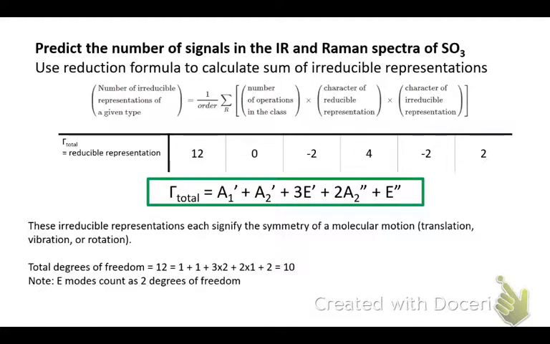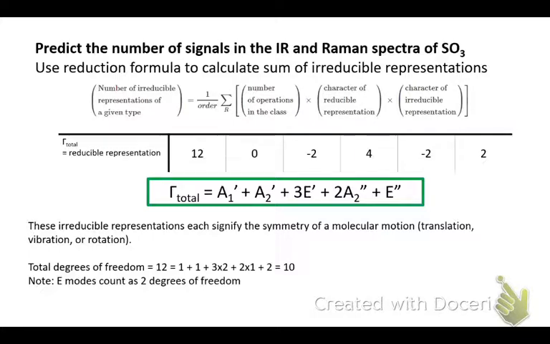So these irreducible representations, this sum, represent the 12 degrees of freedom, the symmetries of the molecular motions of translation, vibration, and rotation. The total degrees of freedom were 12, which was 3 times 4, the number of atoms.